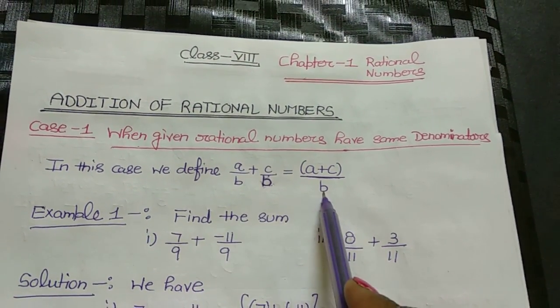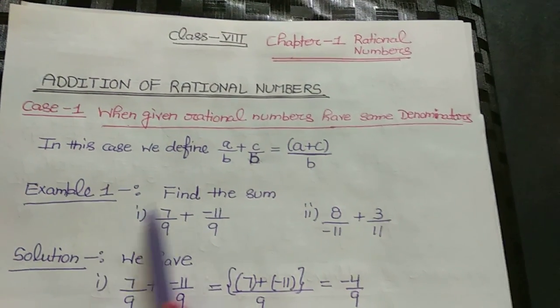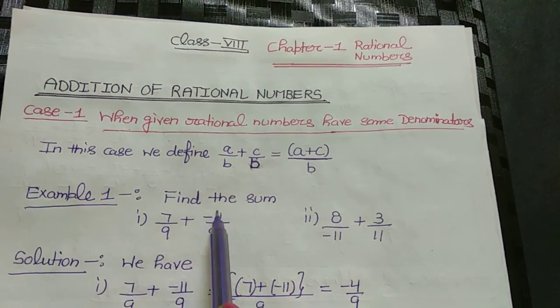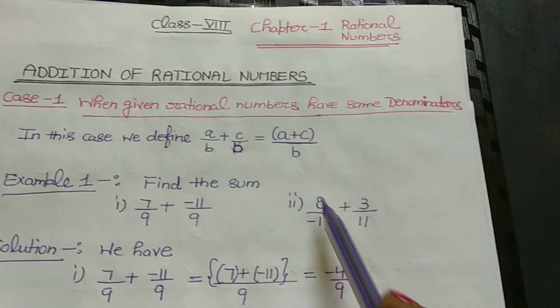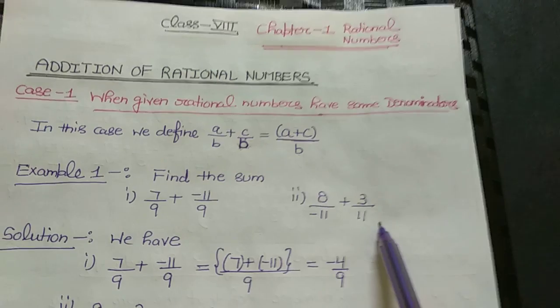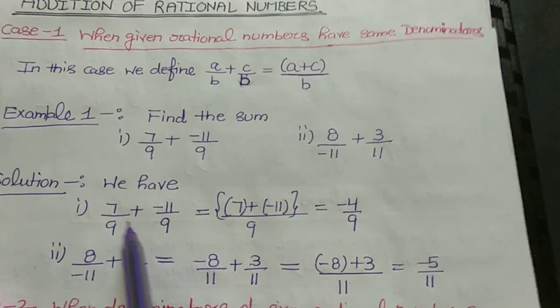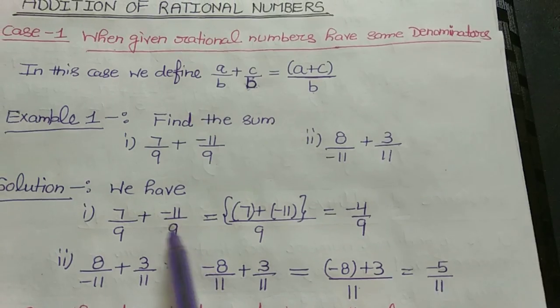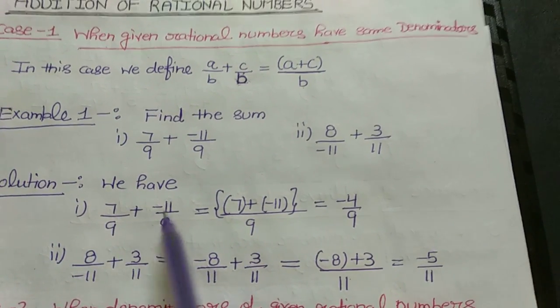For example, you have to find the sum of 7 upon 9 plus minus 11 upon 9, and 8 upon minus 11 plus 3 upon 11. Then how will we add them? We have 7 upon 9 plus minus 11 upon 9. These rational numbers have the same denominator 9.